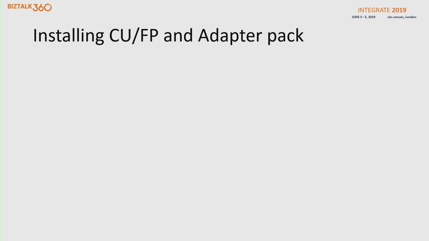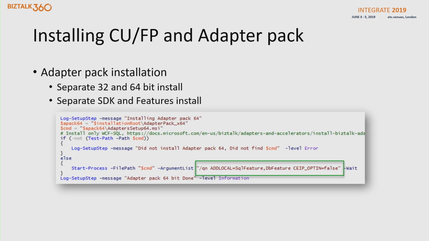More things you can do: install CU and feature packs, and the adapter pack. Adapter pack is a bit more complex. With adapter pack, you need the SDK, and you need the features themselves, and you have 32 and 64-bit. So eventually you end up with 4 installations.